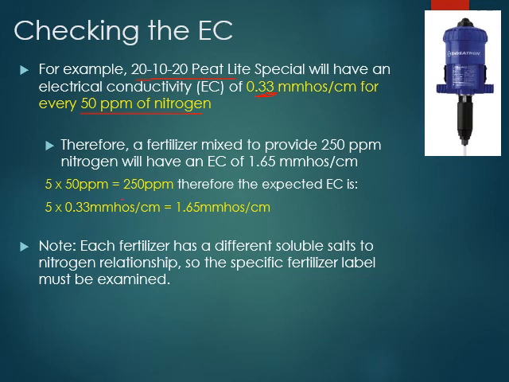So for 250 ppm, we would expect 5 times 0.33, which is 1.65 EC. Hopefully that makes sense. It shouldn't be too complicated. All we're doing is multiplying the known EC for the desired ppm that we're looking for.